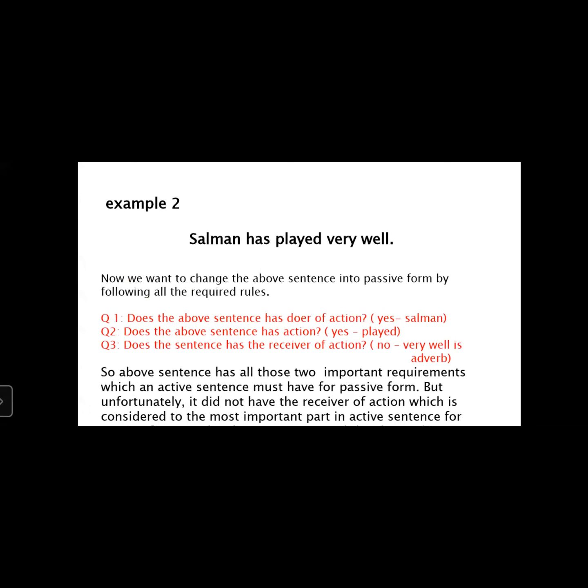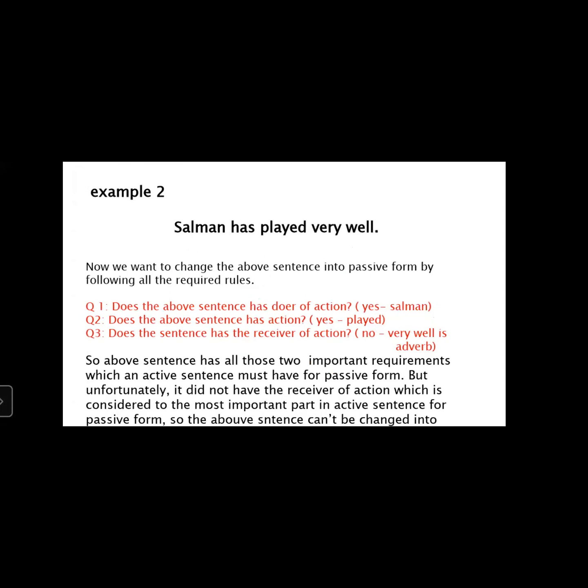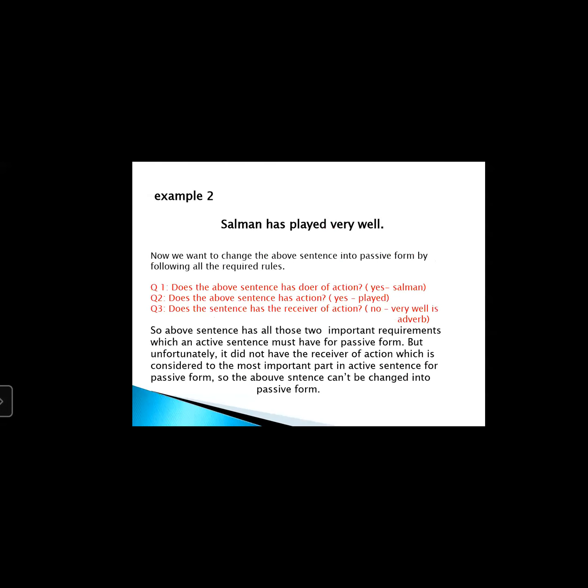No, because very well is an adverb of manner and it is not the receiver of action. So the sentence has two of the important requirements, but unfortunately it does not have the receiver of action, which is the most important part.